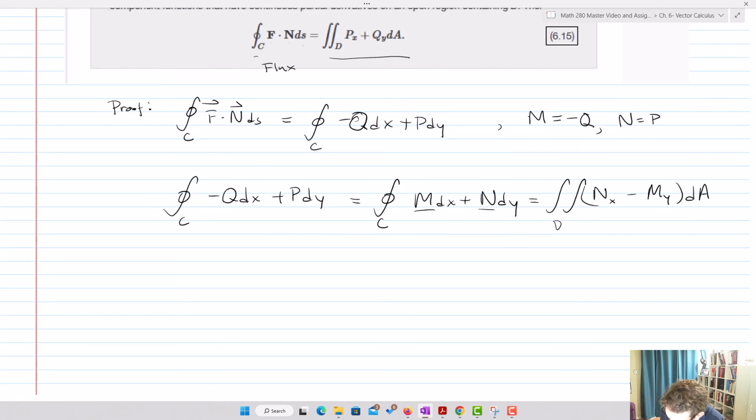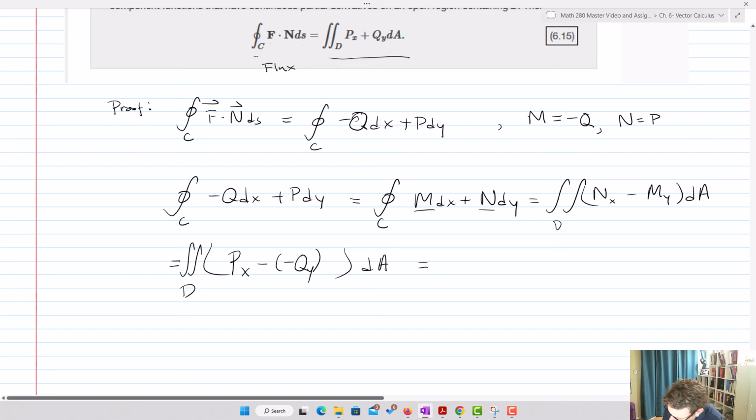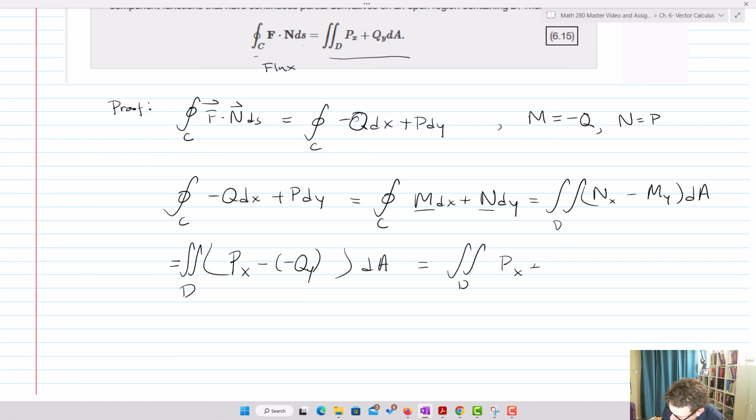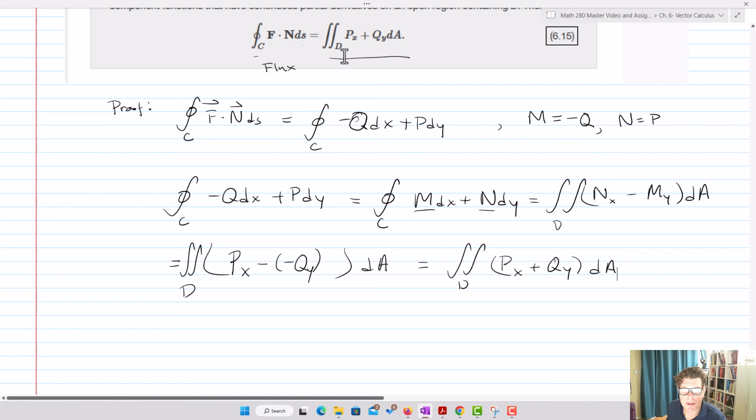So this is going to be px minus negative qy, with the double integral dA, and so this will end up equaling the double integral over D of px plus qy, which is exactly what we got right here.